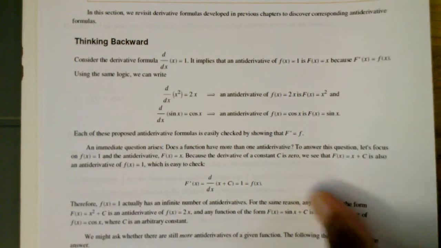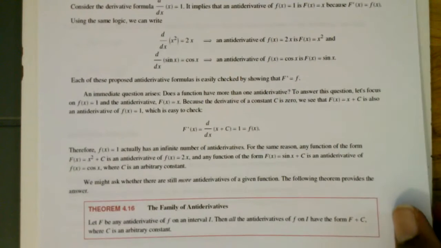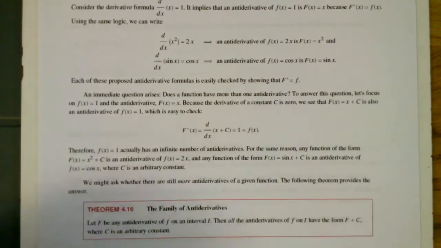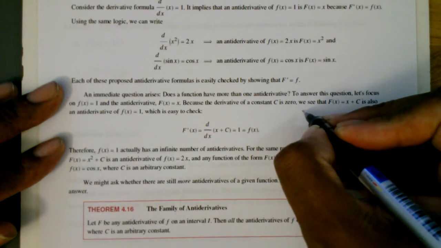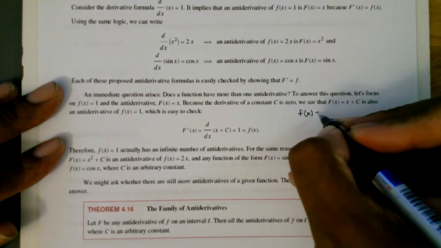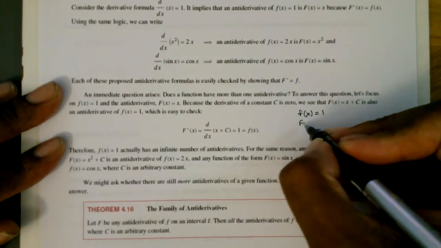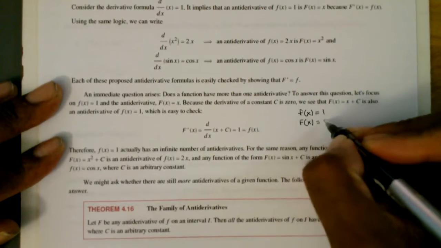So that means that f of x equals 1 does have an infinite number of antiderivatives. What that means is this: since f of x equals 1, capital F of x, we know, is going to be x.